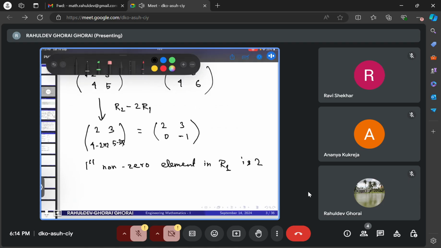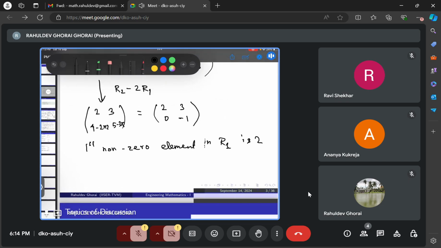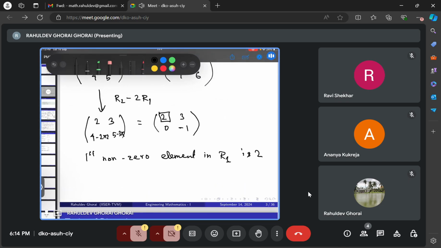And below it, all the elements are 0. There is nothing non-zero. Another is the first non-zero element in R2, this is called R2, which is minus 1. That is also a non-zero element, and below that, nothing is there. So it's a row echelon form.